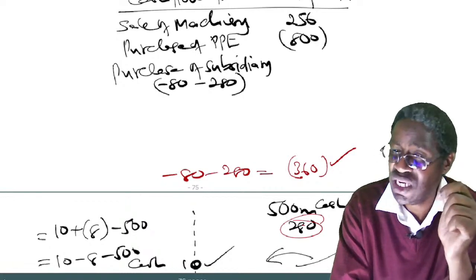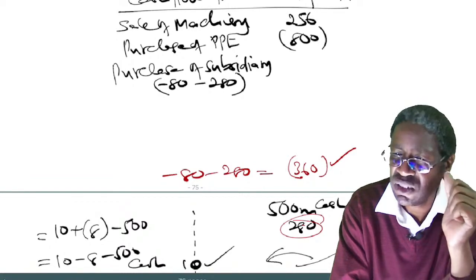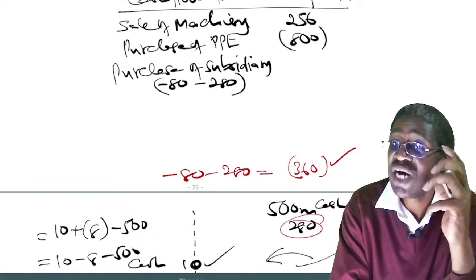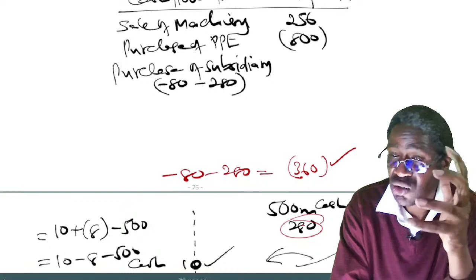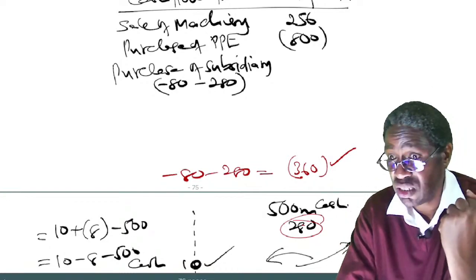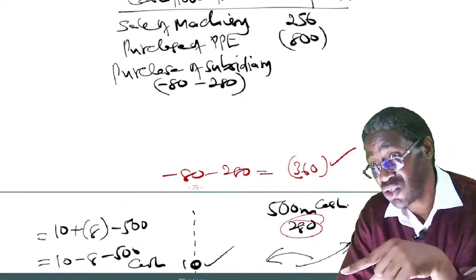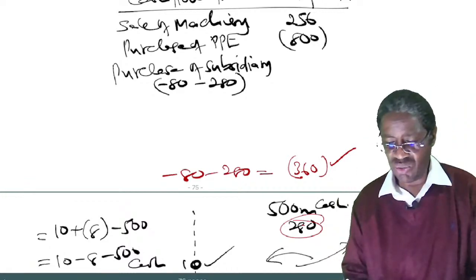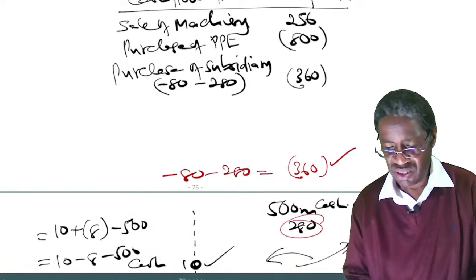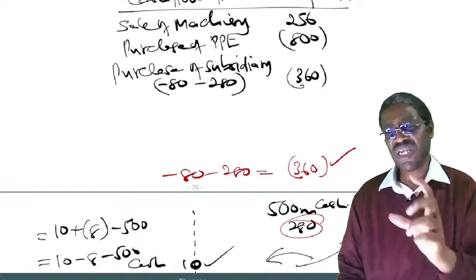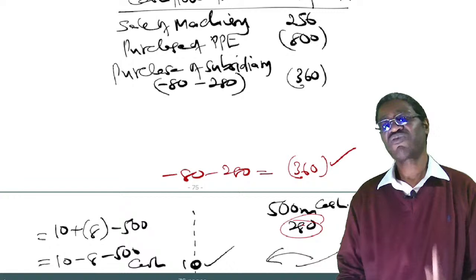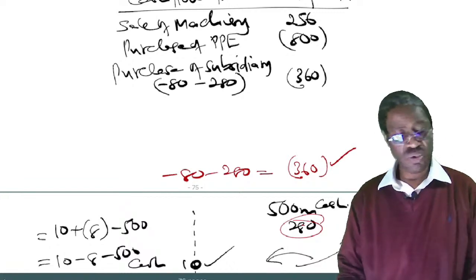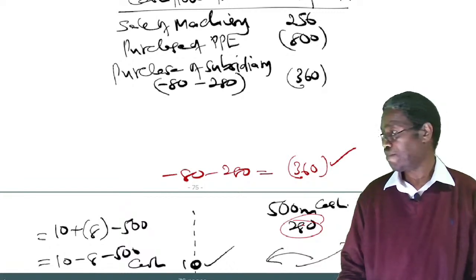What is coming in? An overdraft of 80. An overdraft is a negative. So I still take it. It's coming in. I minus what went out. That's negative 280. So you are remaining with a negative 360. Good. So that is the information that I needed you to get from note number 2. From note number 2. Good.